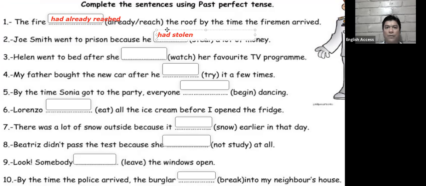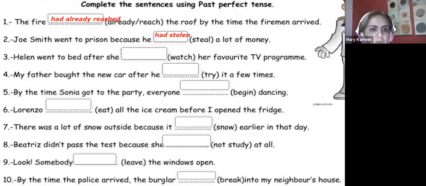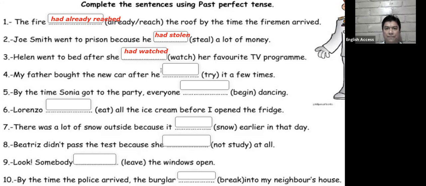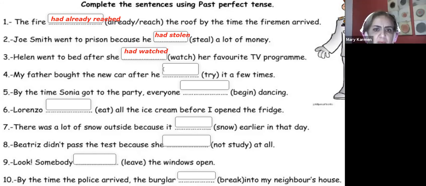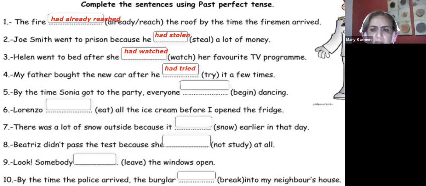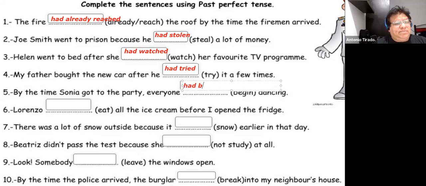Number three: Helen went to bed after she had watched her favorite TV program. Number four: my father bought the new car. He had tried it a few times. Number five: when I got to the party, everyone had begun.